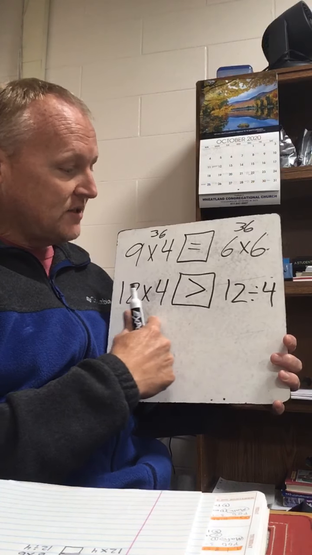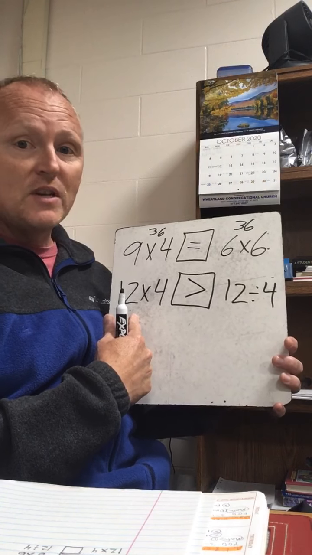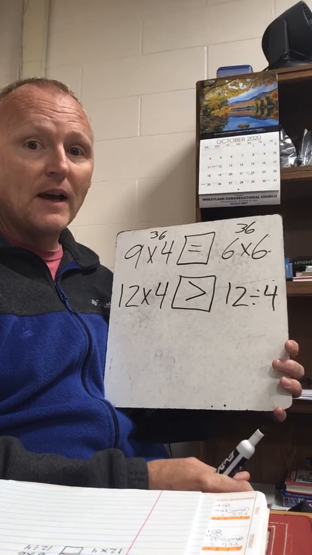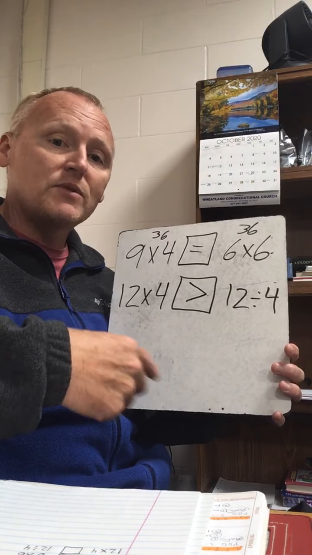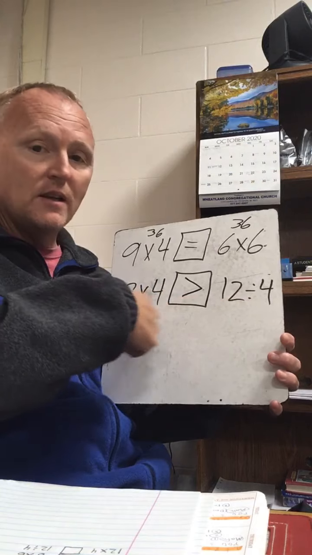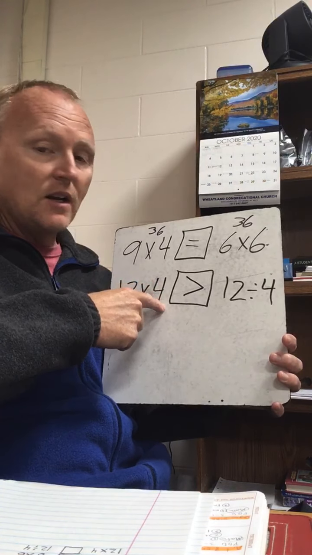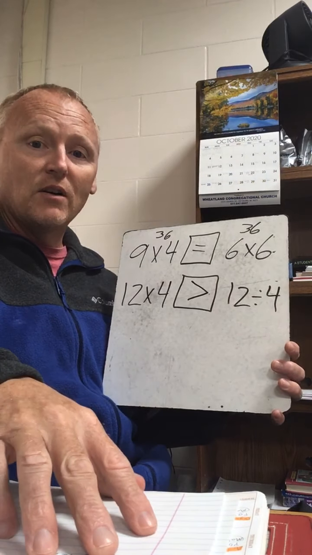You will have some problems where you can just use common sense like this. And if you can use common sense for a shortcut, then by all means, go ahead and do that. So see if you can find a few more similar types of problems. This one's called an inequality because they're not equal. So with both equations and inequalities, try to do some more on your own. The more you practice, the better off you're going to be.